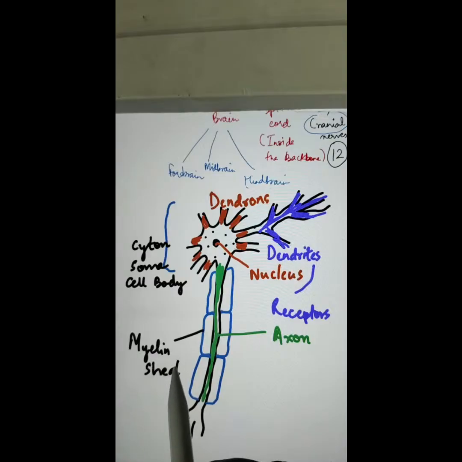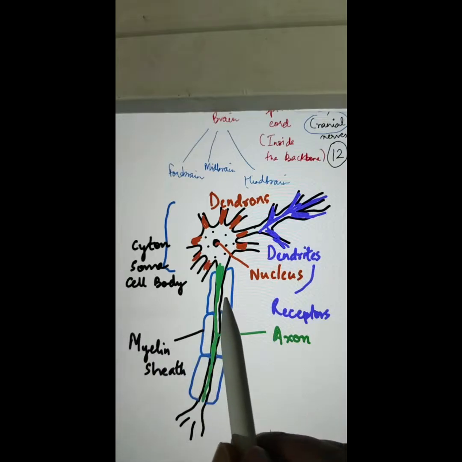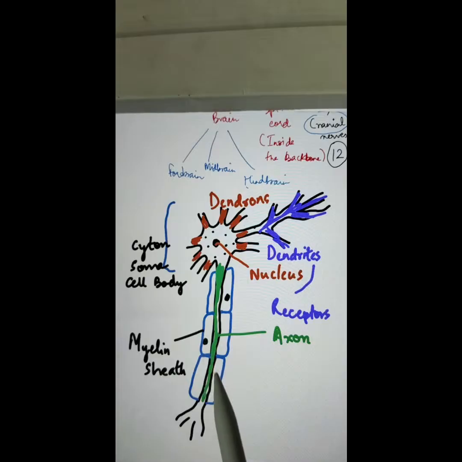Myelin sheath is actually a layer of fat which is just covering the axon, right? And these are the Schwann cells which are present on the myelin sheath. And the last part, these are known as the nerve endings. Okay, these are the nerve endings.